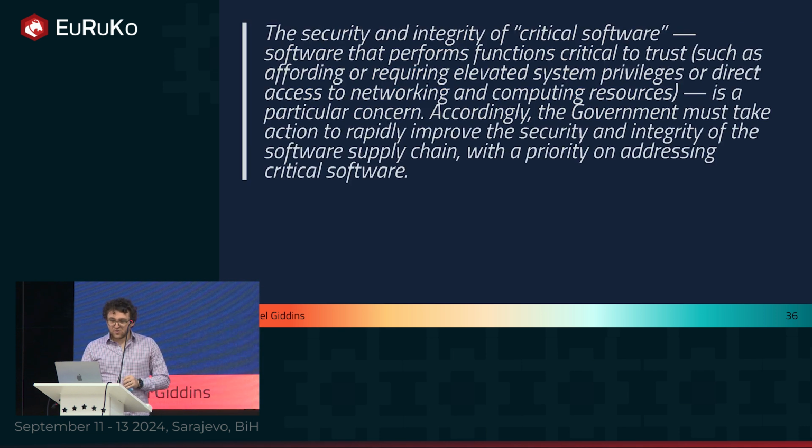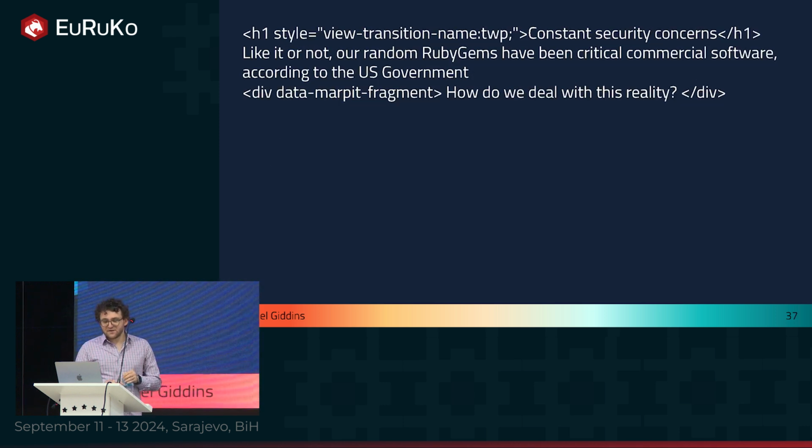I'm not going to read through this whole big quote from the US Department of Homeland Security, but it boils down to the fact that our random Ruby gems have become, as a technical term, critical commercial software, according to the US government. How do we deal with that?